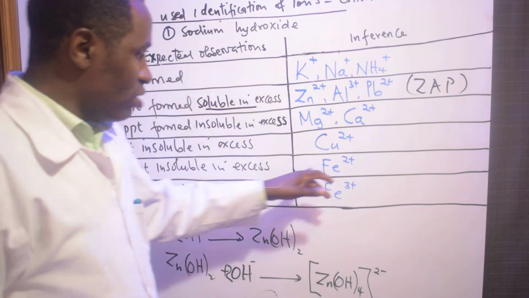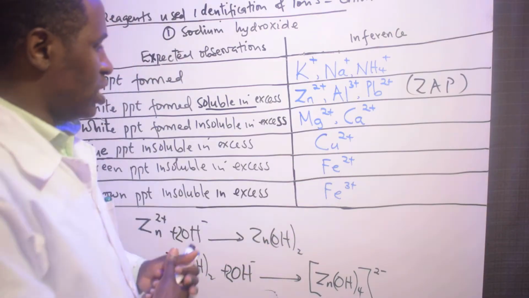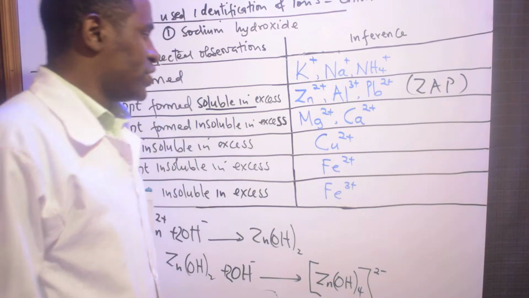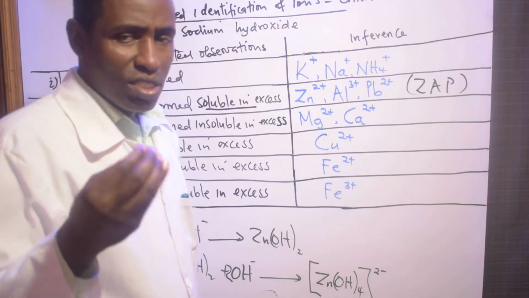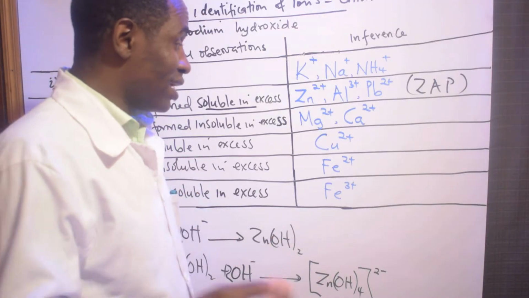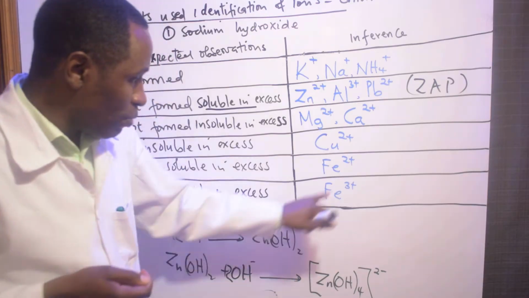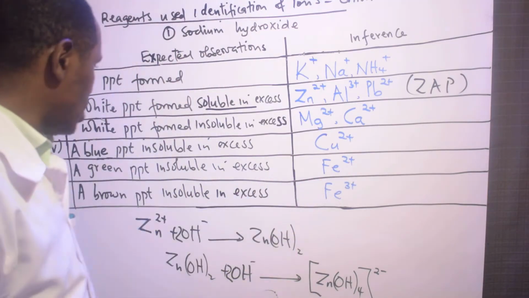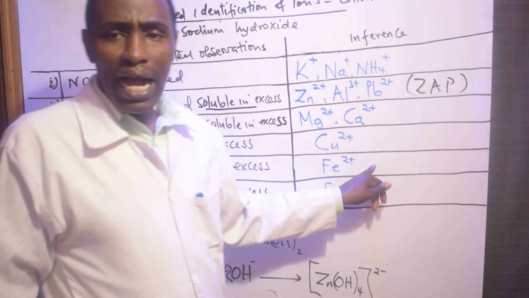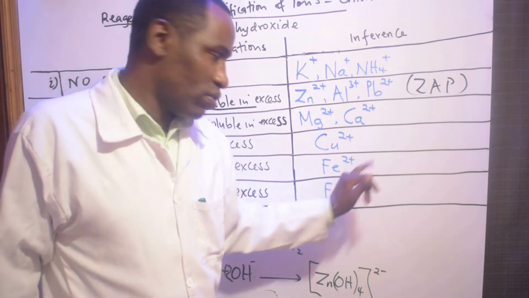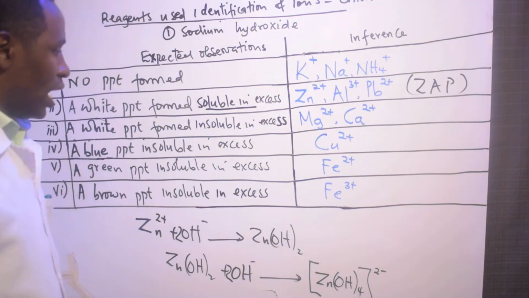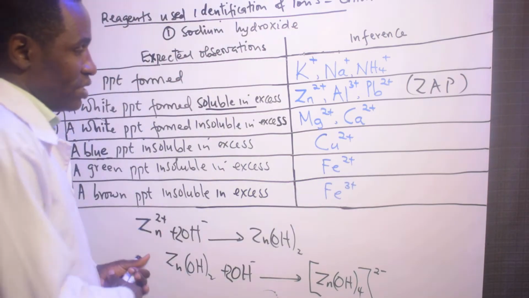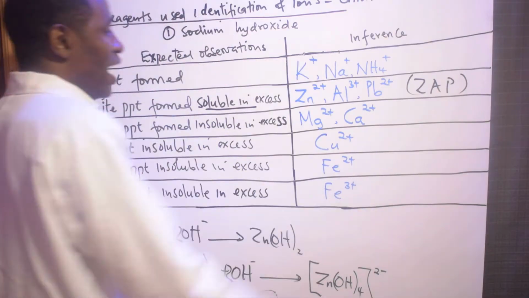One of them is iron 2 positive, and to convert iron 2 positive to iron 3 positive, you just use an oxidizing agent that will remove an electron from iron 2 ions so that it forms iron 3 ions. An example is hydrogen peroxide, which you can use as an oxidizing agent to form iron 3 ions.